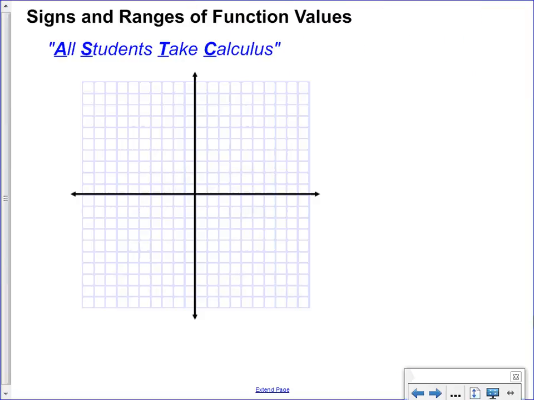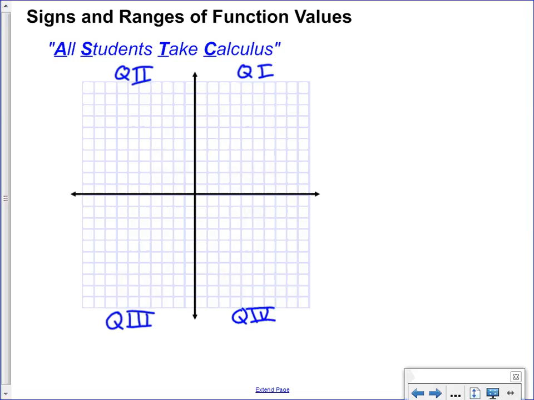All right. Let's talk about quadrants. Again, where's quadrant 1? Top right. So this is quadrant 1. Quadrant 2, quadrant 3, and quadrant 4.